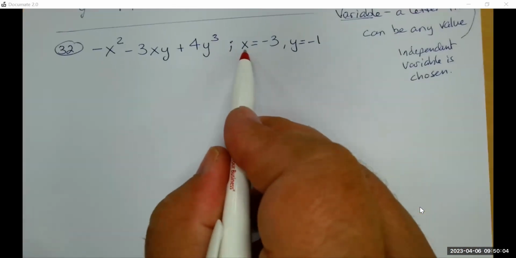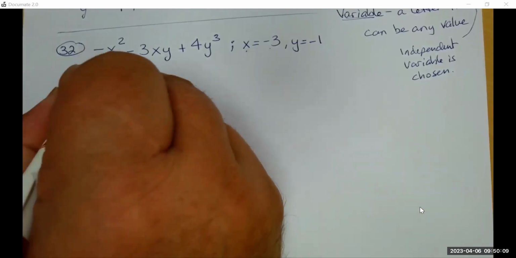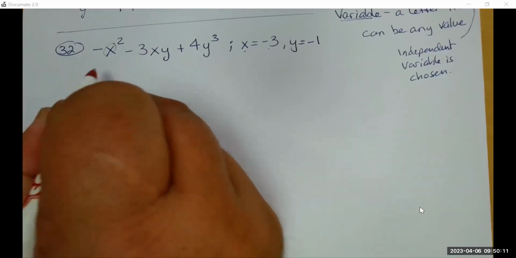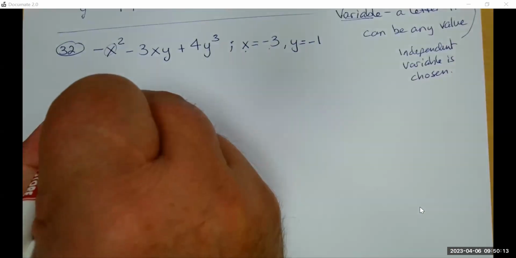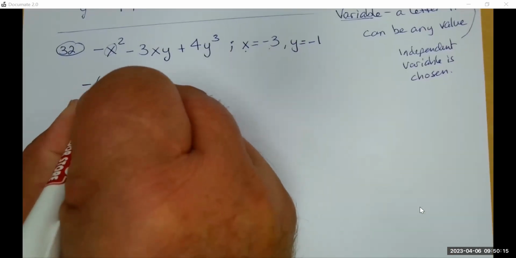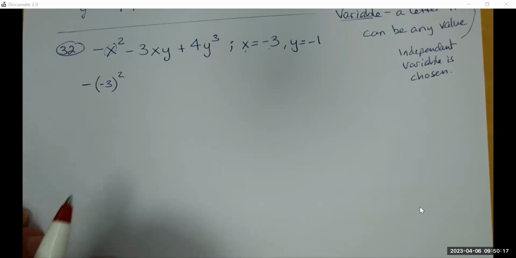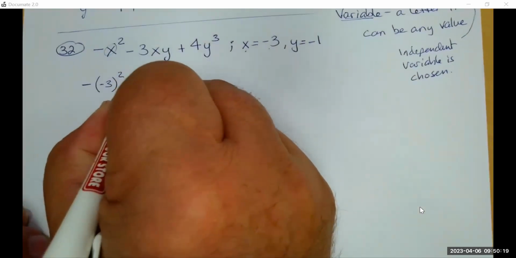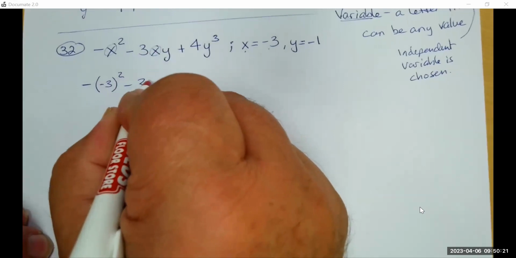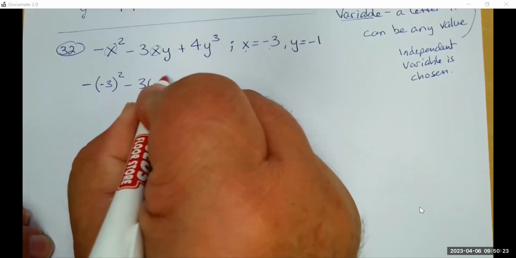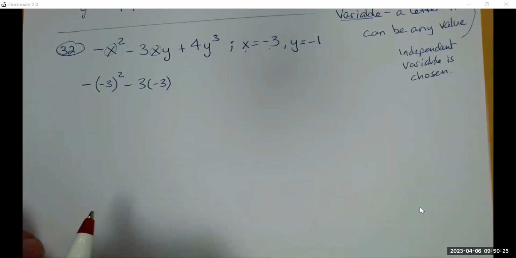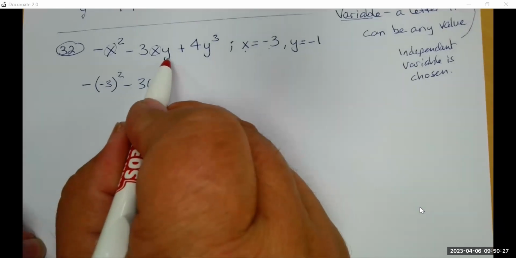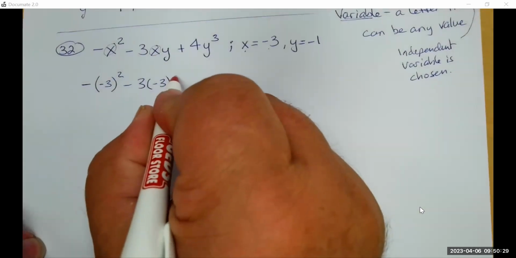So anywhere you see an x, what do you put in its place? You put -3. So here's an x. Since it's negative, I put a parenthesis around it. Here's another x. I put a parenthesis around that. What's y?